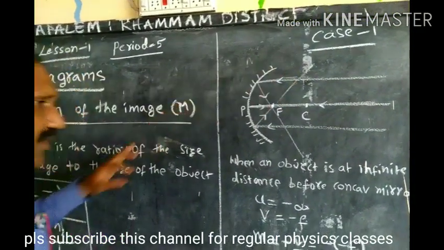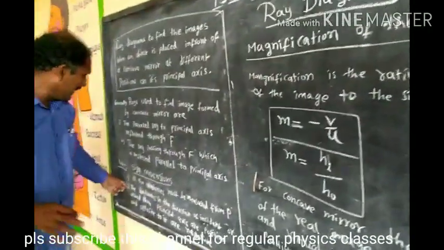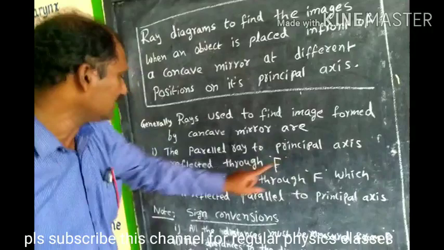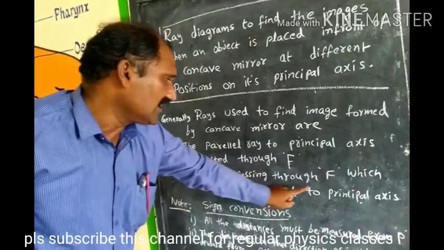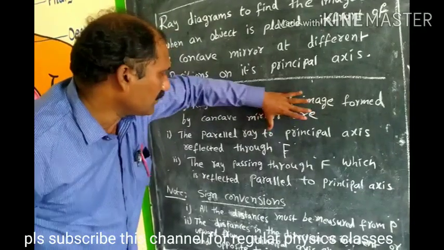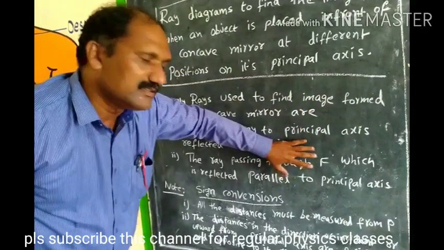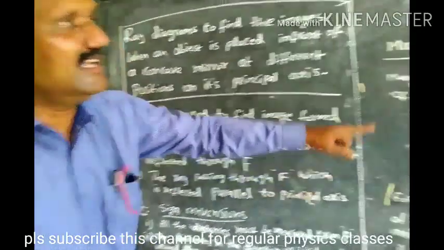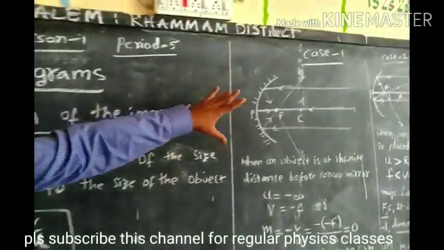But I have told that here we have to consider two rays. What are they? The ray parallel to the principal axis, and the ray passing through F, that is the focal point. Means one is parallel to the principal axis, the second one is taken through the focal point. But here all are parallel to the principal axis.